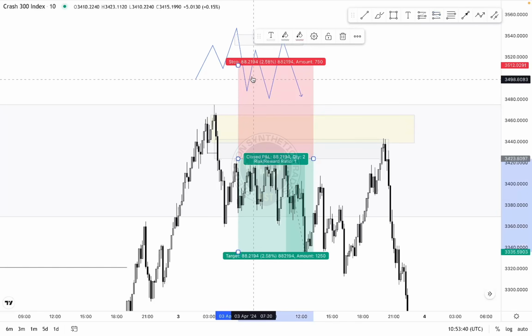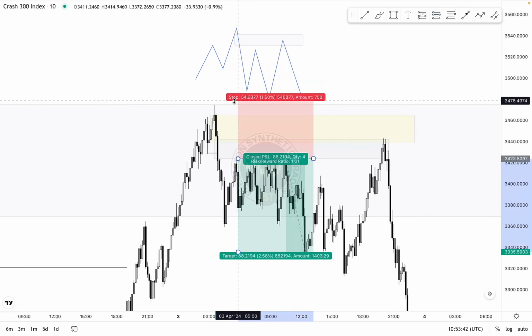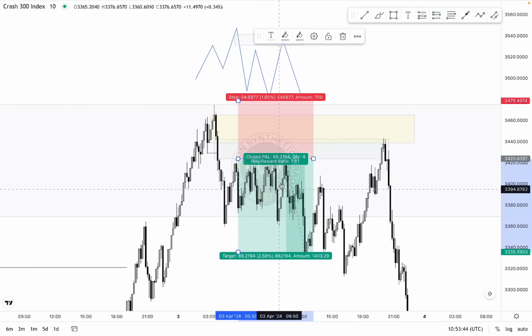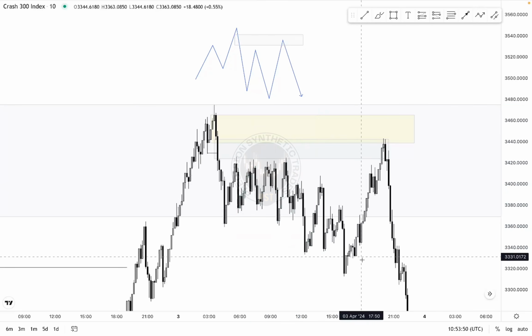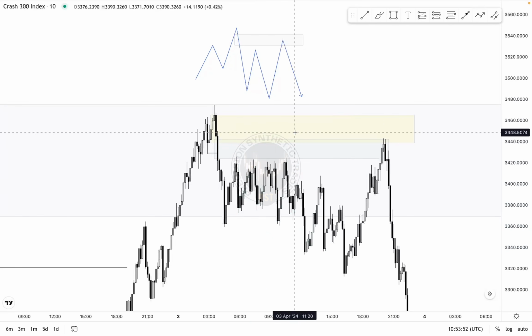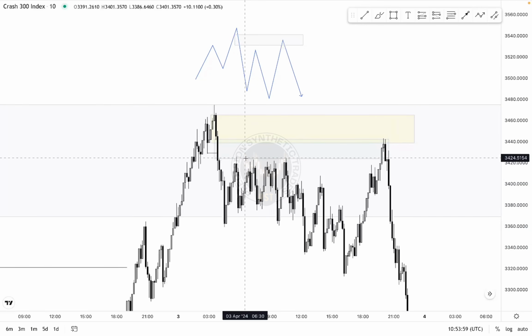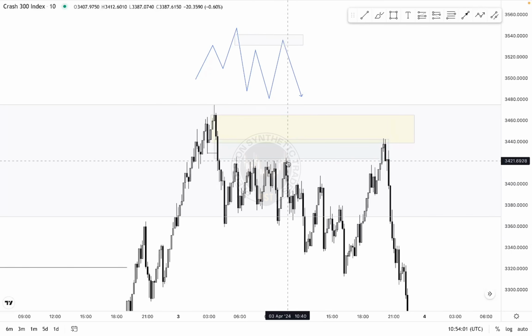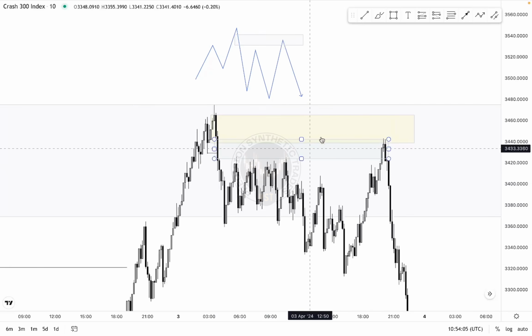If you entered on your fair value gap, price was literally a long time here, so I didn't enter here. I waited for price to come back into this order block because I was scared entering from the fair value gap. The reason is I saw a lot of touches before on this fair value gap, so I personally didn't want to enter on the fair value gap.